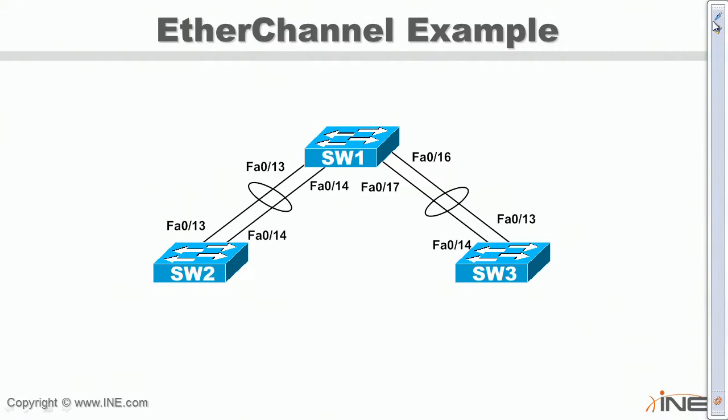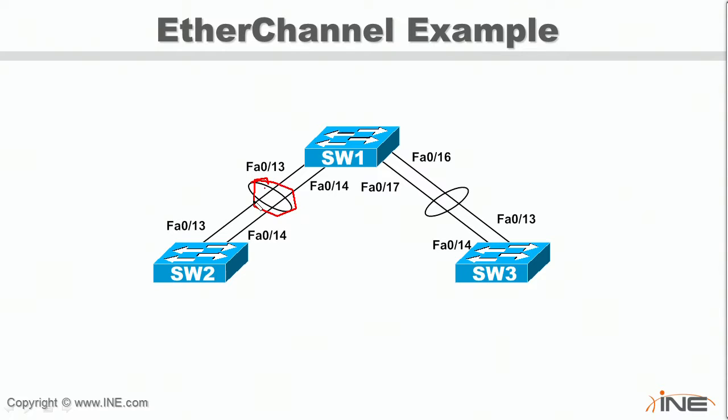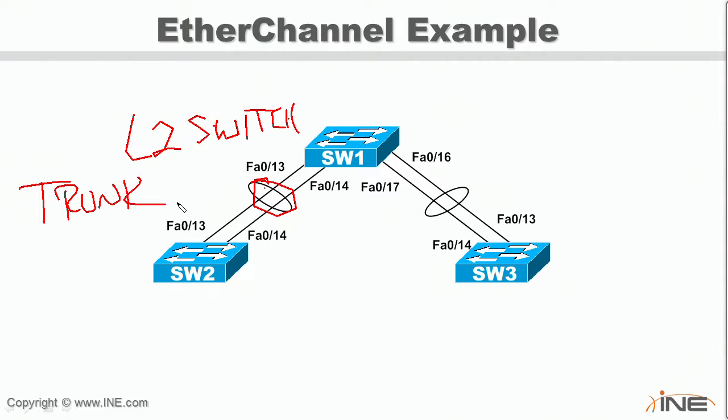Now at this point, I also have the channel configured as a layer 2 switch port. And the switch port is in trunking mode. This means that if we were to verify the layer 2 spanning tree, we should see that the PO1 interface is part of the spanning tree topology, not these physical interfaces.